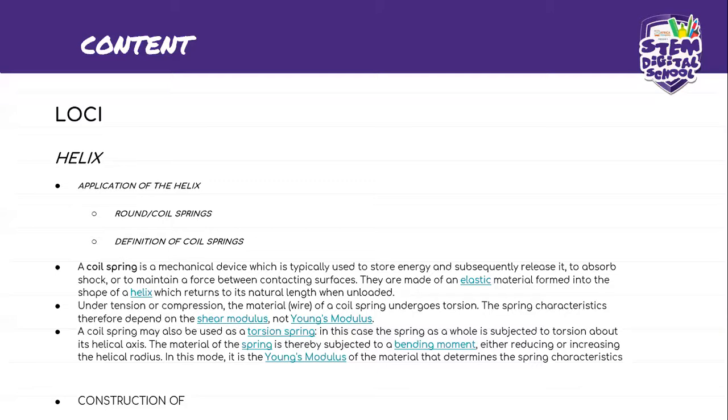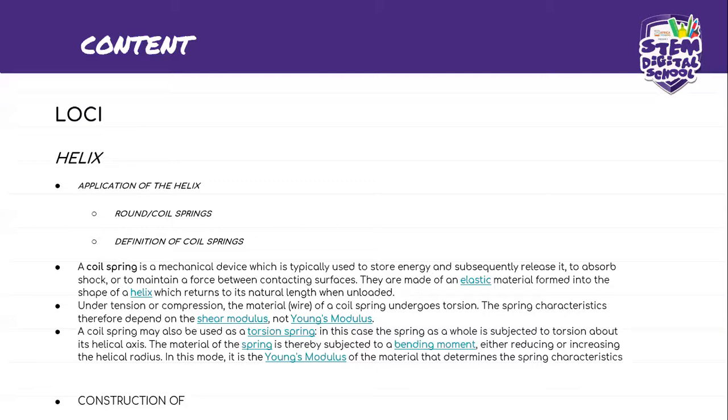Then we want to look at the application of the helix. We've looked at so many applications thus far. We looked at the auger, the chute, the square spring, we also looked at the thread. Now we are focusing on the coil springs.